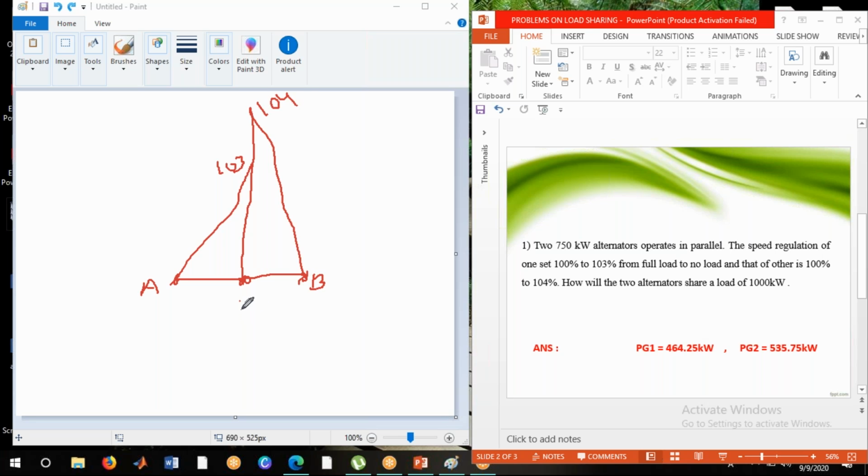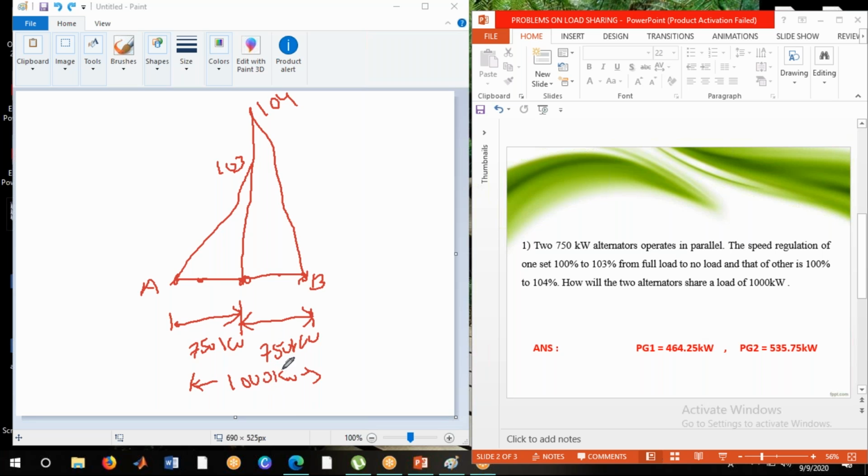The capacity of each one is 750 kilowatts. Now, what is the sharing between these two, for a load of 1000 kilowatts?